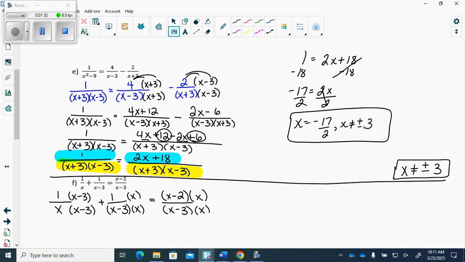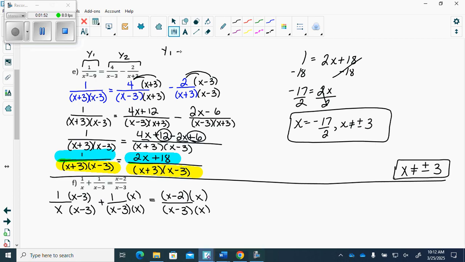All right. Everyone pick up a calculator. What is negative 17 divided by 2? So you can use the fraction, but the y1.